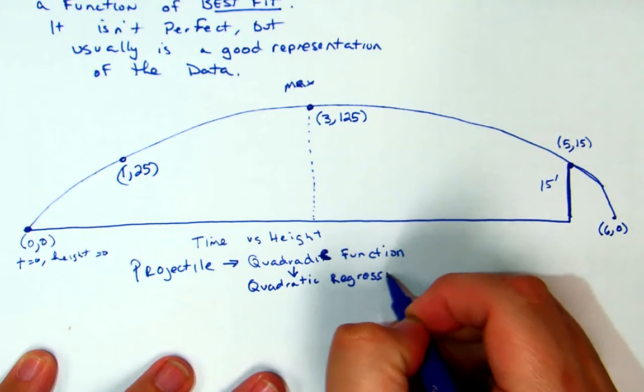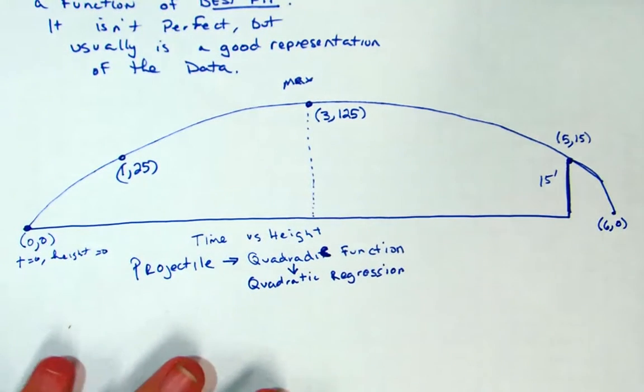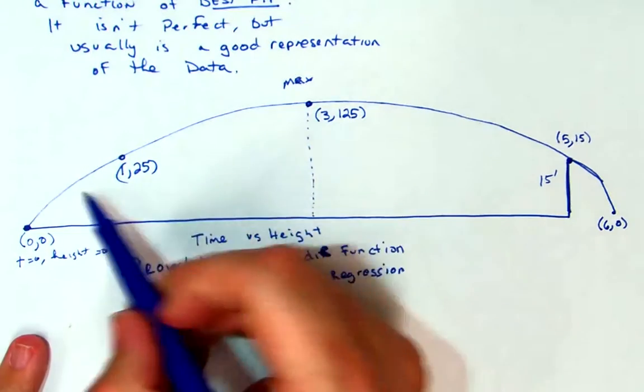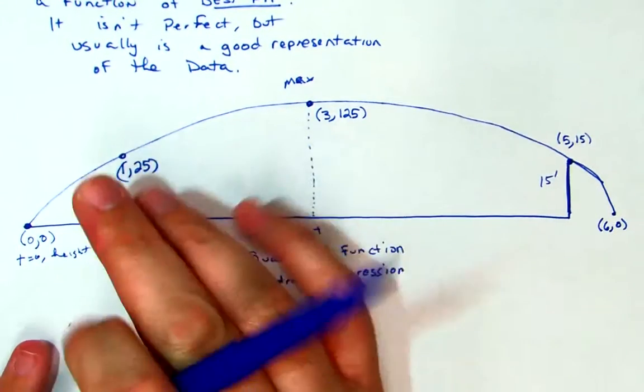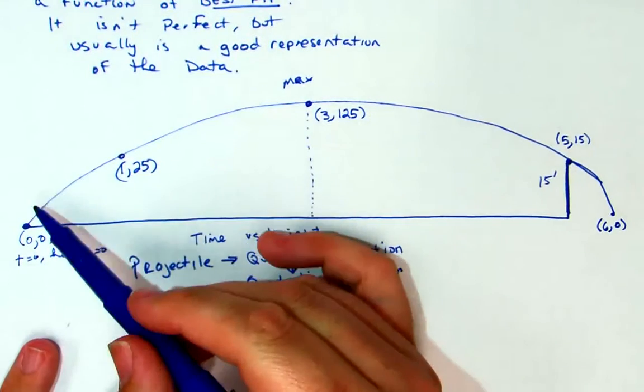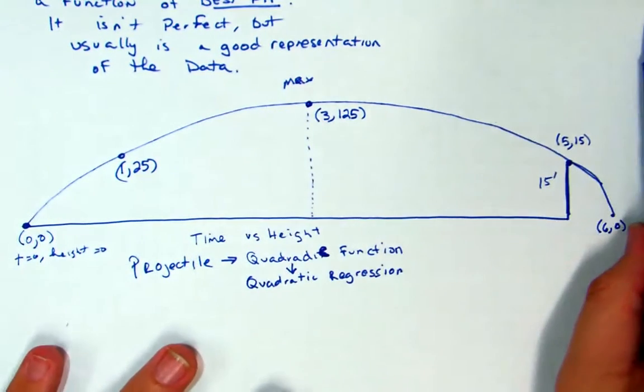And remember, regression is just finding the best function that's going to fit the data that we have. Now, there are other things that happen in this case. There's wind. There are all sorts of things that happen. So this might not be the most perfect quadratic equation, but it's pretty close to what we want it to be.